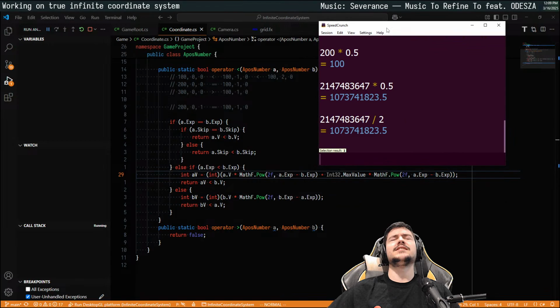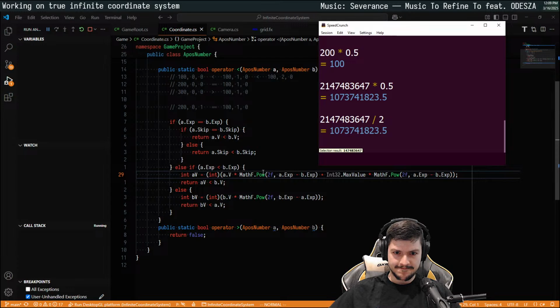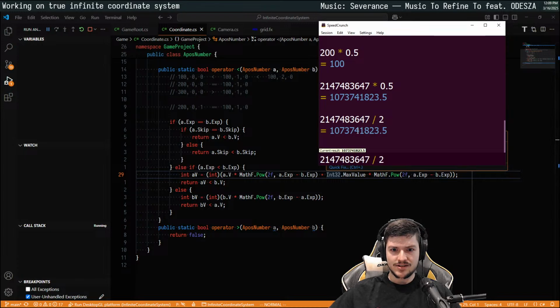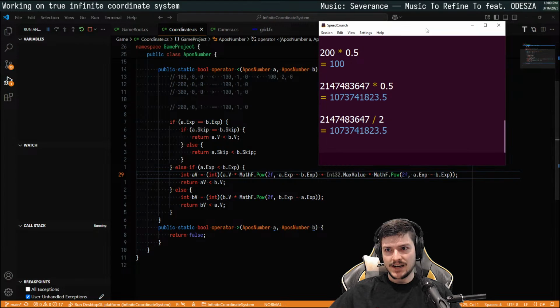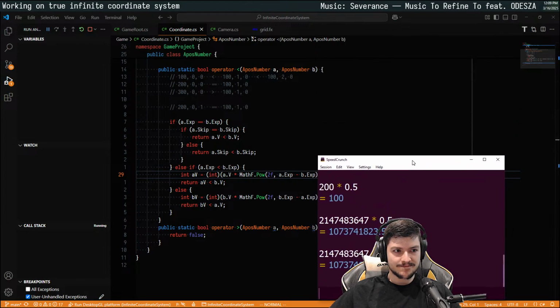Oh, wait, that's an issue, right? The skip can end up outside the range of the higher dimension number. And also the higher number might even have a skip itself. How do you do math then?